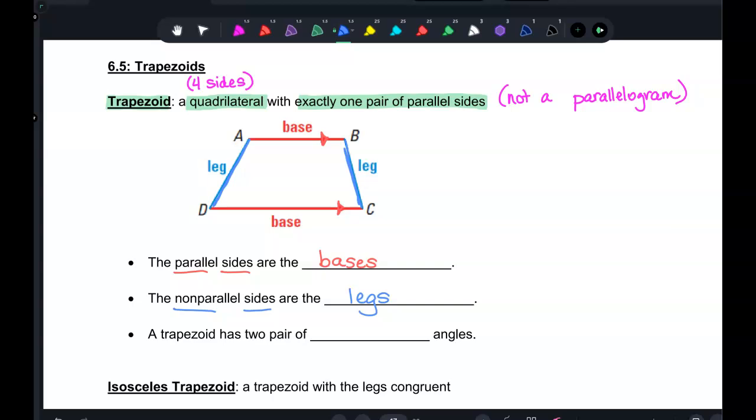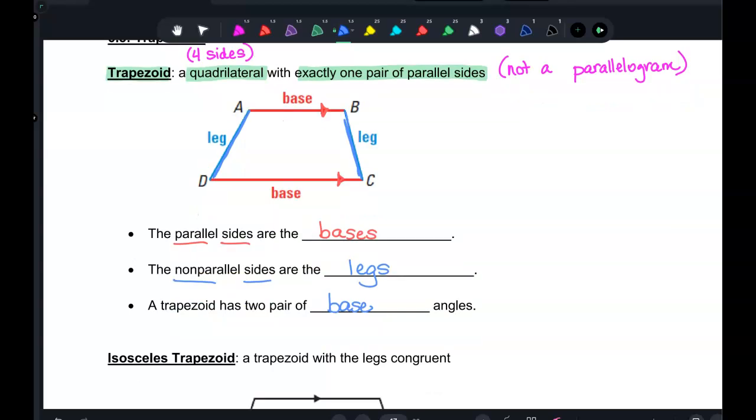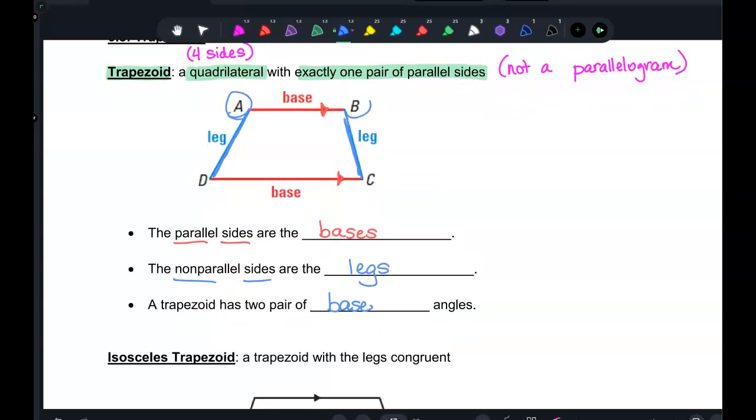And then it says a trapezoid has 2 pair of, we call them base angles. So for example, A and B would be a pair of base angles, and D and C would be a pair of base angles.